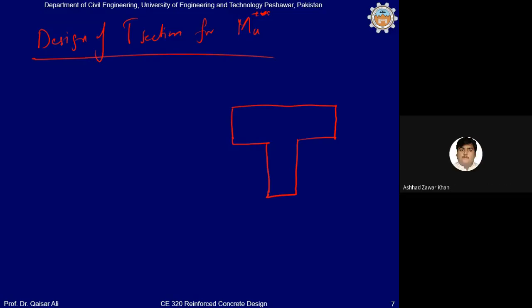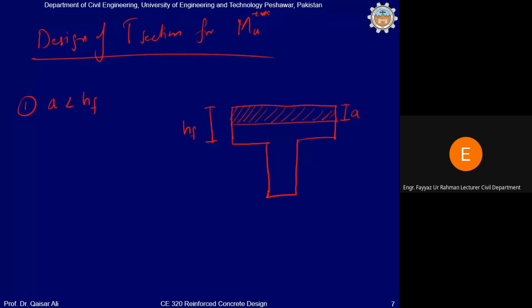Top fibers. The top fibers will be in compression. But now you can see that there may be two cases. The compression block may form within the flange like this. In other words, you can say that the depth of the compression block may be less than HF. This is case 1. A may be less than HF.